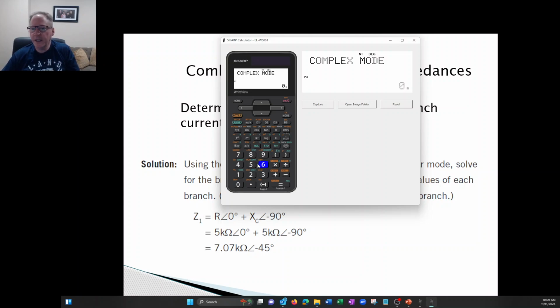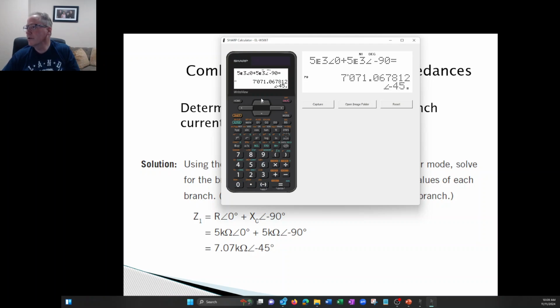See how it says R and then theta? So then we're going to say it's going to be 5K, and then the angle, of course, is second here at 0, plus 5K at an angle of, and because that's capacitive reactance, it's negative 90.